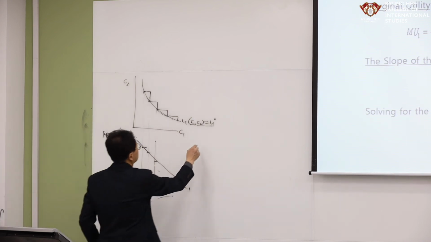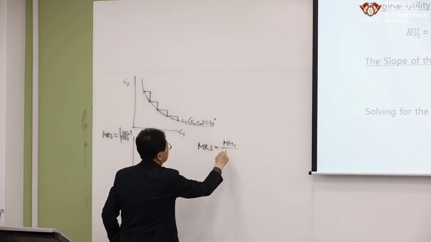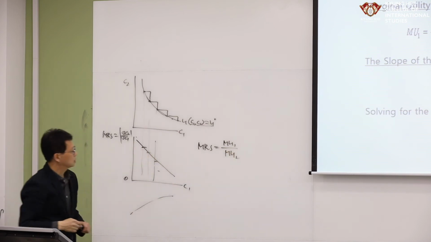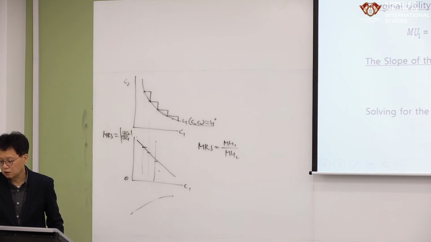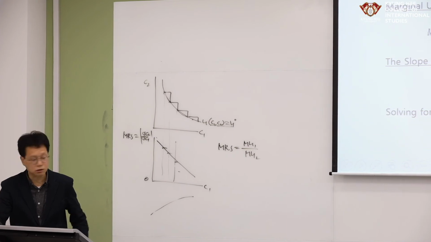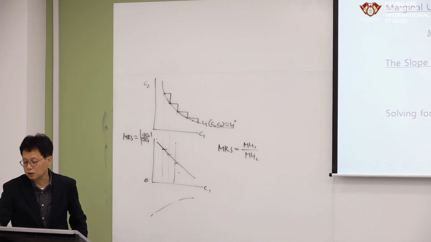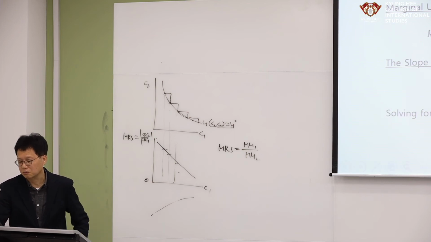So MRS is equal to MU1 over MU2, explained here. The changing rate is minus, and this is correct, but MRS in my notation is an absolute number, so MU1 over MU2 should be positive. Some textbooks don't distinguish slope from changing rate, so some confusion happens, but it's not a big problem.